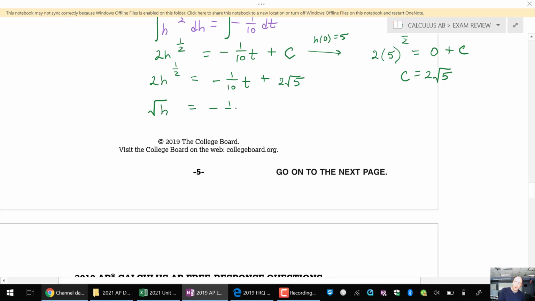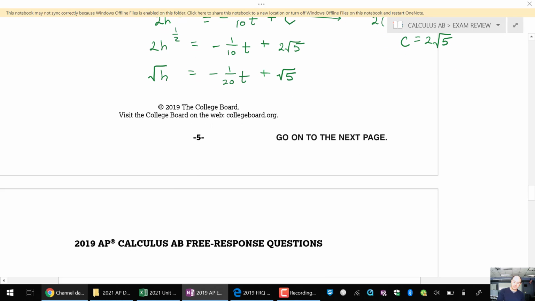Divide by 2, so negative 1/20 t plus root 5. And then finally, square both sides to solve for h. So h is equal to negative 1 over 20 t plus root 5, quantity squared. And that'll be my h of t.